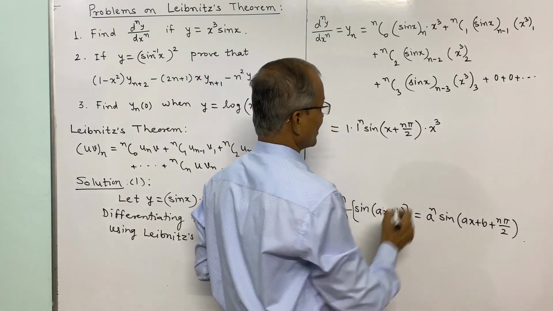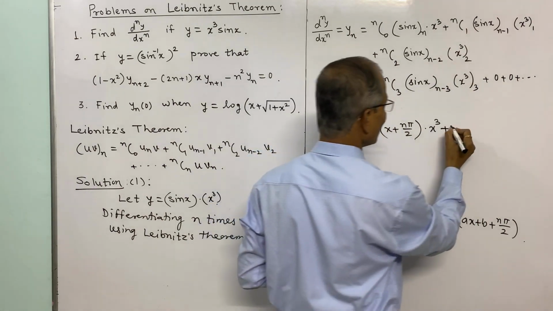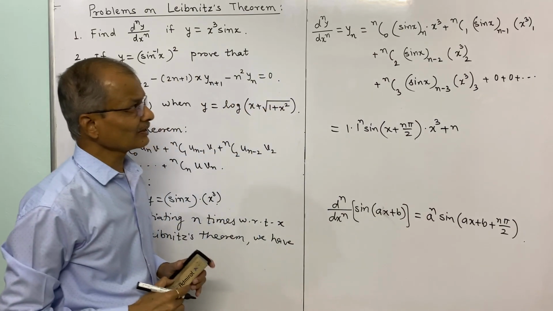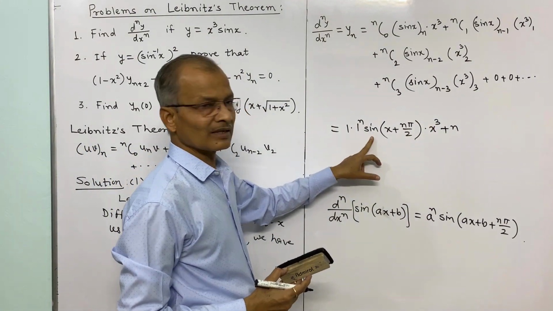Plus, now what about the second term? This is nc1, and we know nc1 is n. What is the n minus 1th derivative of sin x? Now from this we can write, replace n by n minus 1.